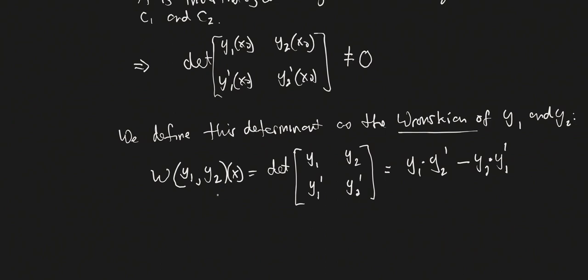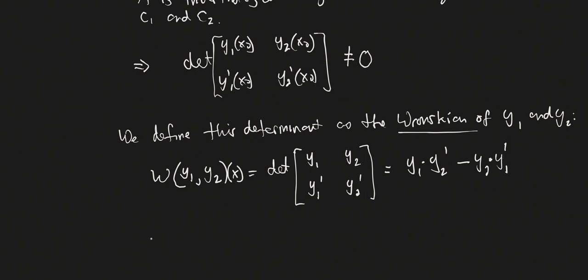So what does this mean now in terms of linear independence? Well, remember, if your determinant is non-zero, as we stated up here, then you'll have a unique solution for that system, and these functions are guaranteed to be linearly independent, and they will form a fundamental set of solutions of your homogeneous differential equation.